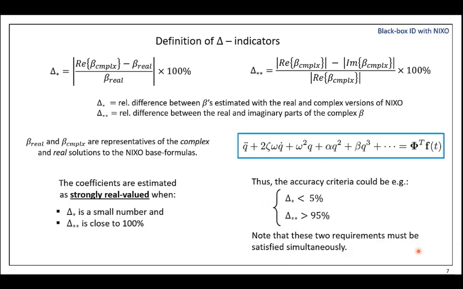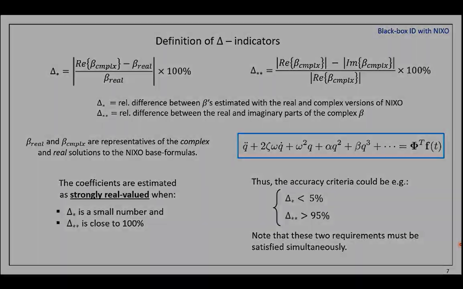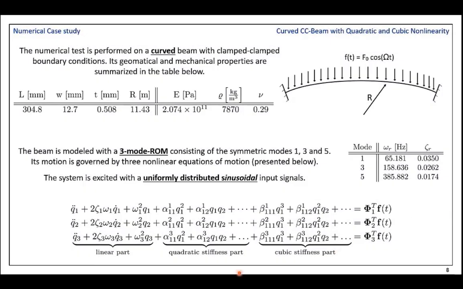Let me illustrate this black box identification strategy on a case study. The numerical test is performed on a curved clamped beam, whose geometric dimensions, as well as mechanical and model parameters, are known.